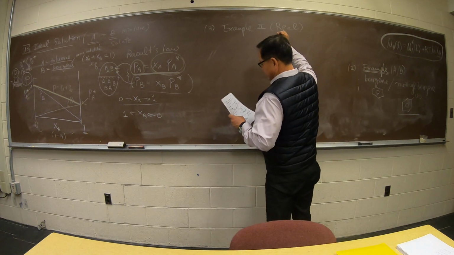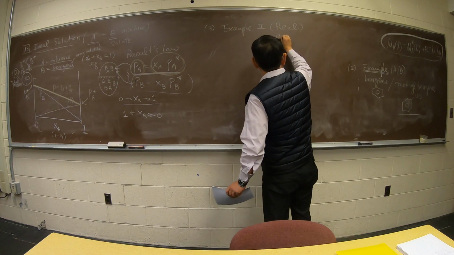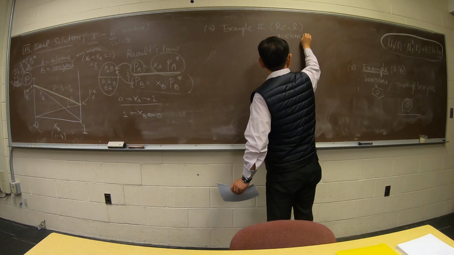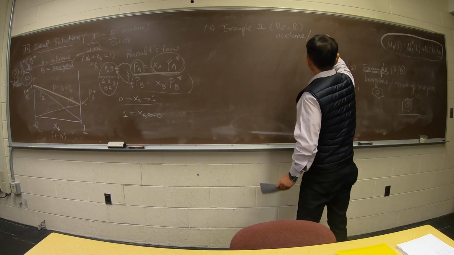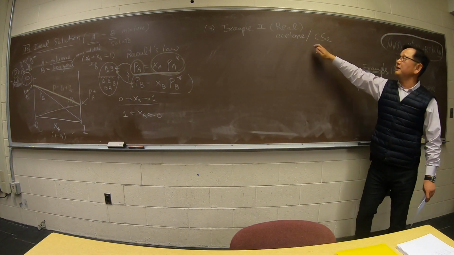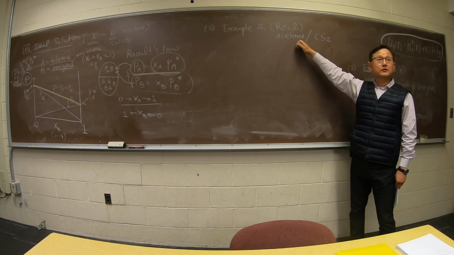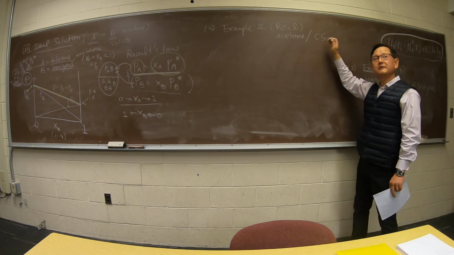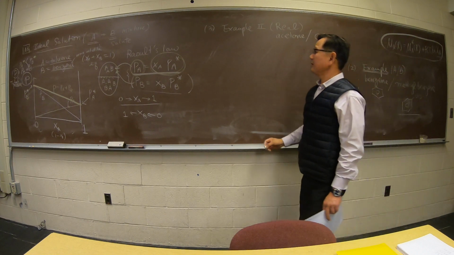The example here is essentially acetone and CS2. This is carbon disulfide with acetone. Okay, those are the liquids. They are fully miscible.